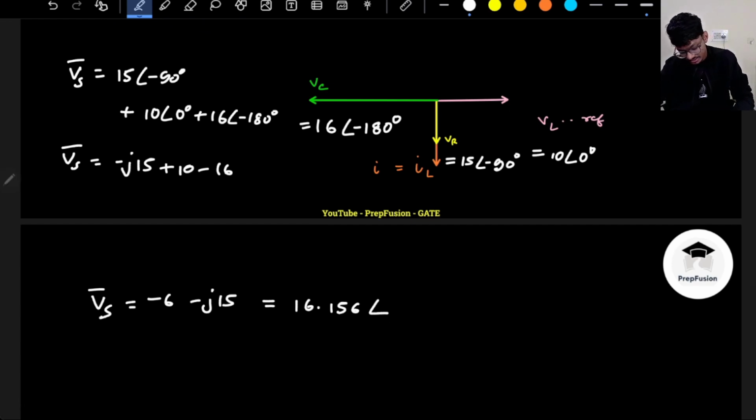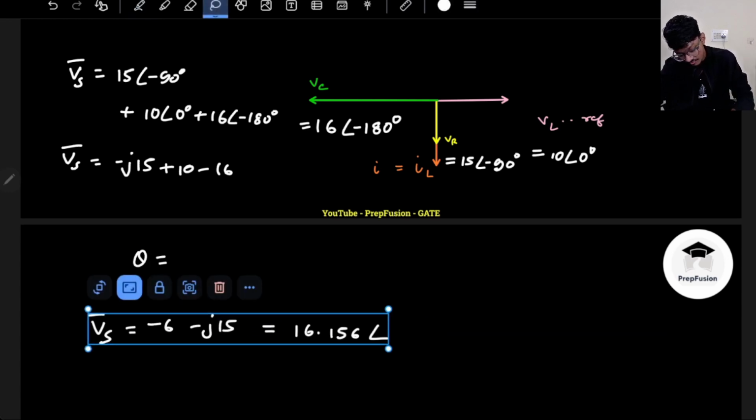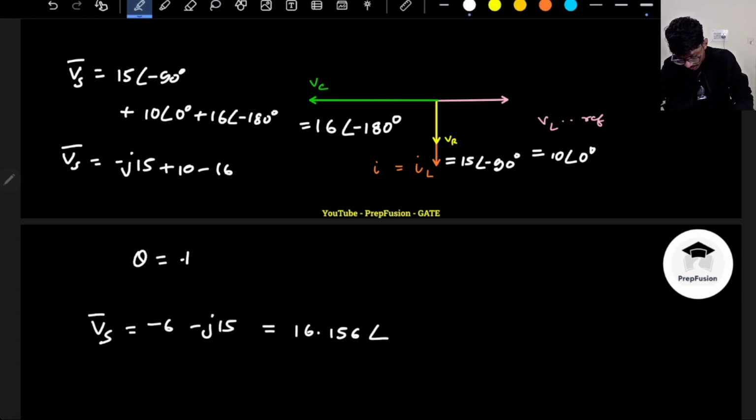I am not explaining what theta is, or how I am getting 180 plus theta, because all those have been explained in the first lecture. Theta is tan inverse of mod of x upon mod of y, so it will be 15 upon 6. 15 upon 6 is 2.5, tan inverse of this is 68.2 degrees, but it is 180 plus this, so 180 plus theta comes out to be 248.